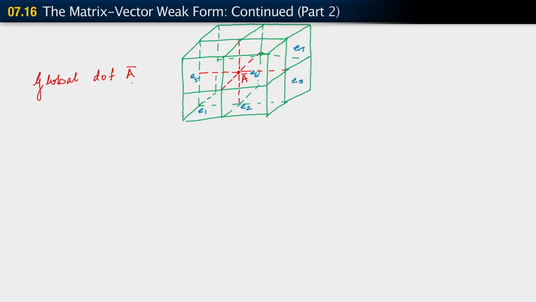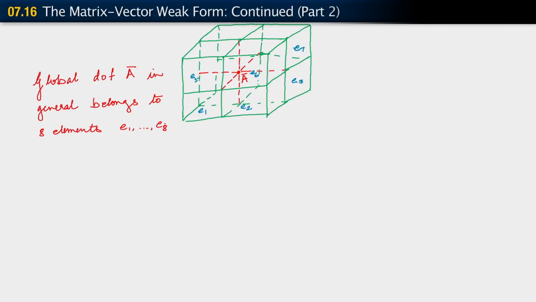So global degree of freedom A bar in general belongs to 8 elements. Okay, here marked E1 up to E8.